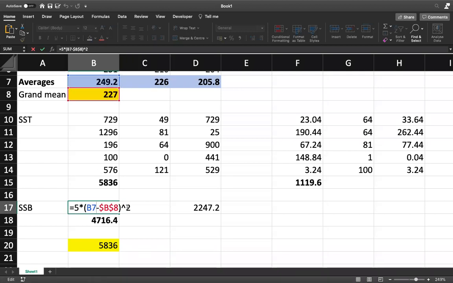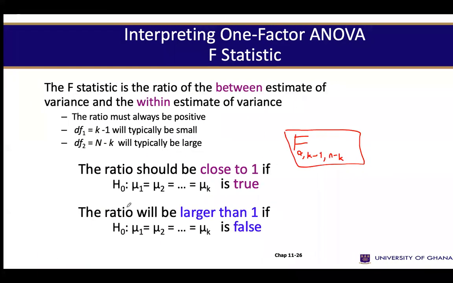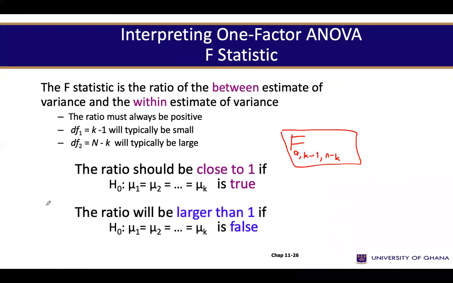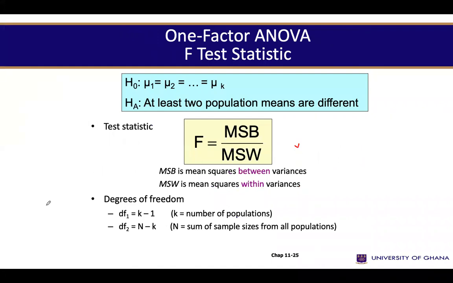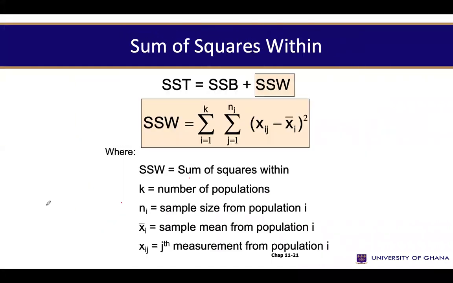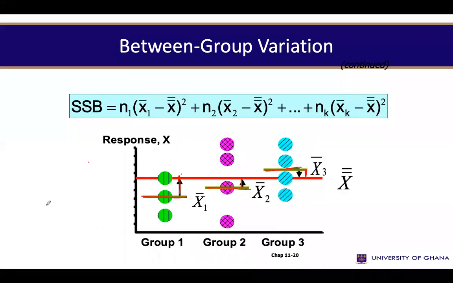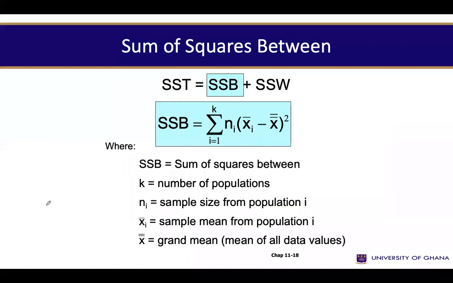All the SSBs we calculate will be weighted by the sample size. Remember that in the determination of the SST and the SSW, we use each of the values, so we didn't have to weight it by the sample size because each of the values was used.